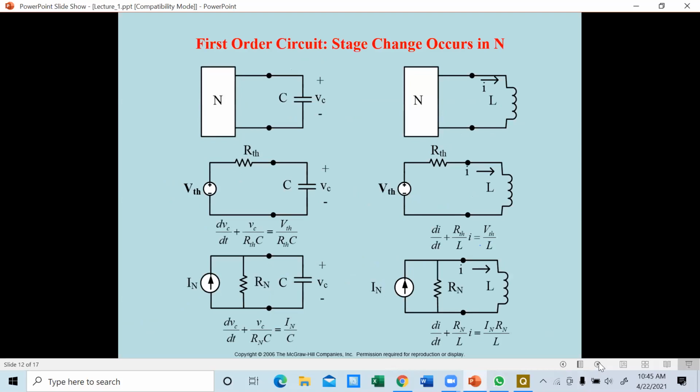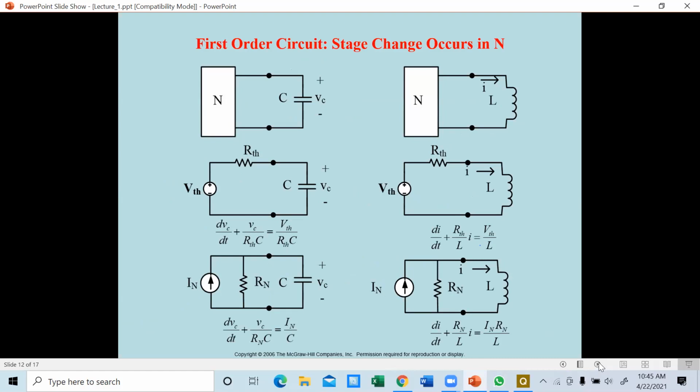Actually, sometimes we designate our electrical system by deriving the differential equation, and by examining the order of the derivative of the differential equation, we can define the order of our system.